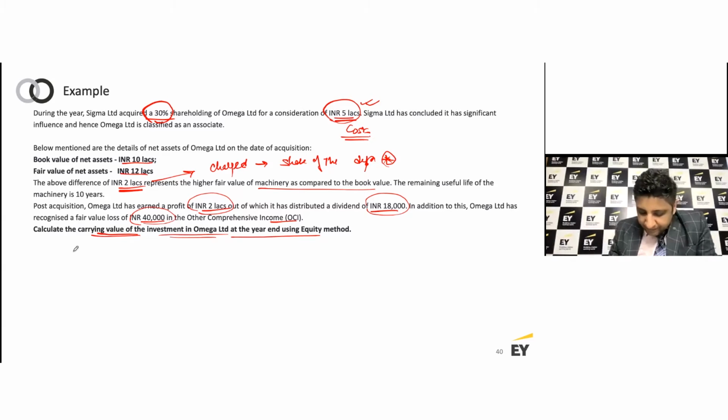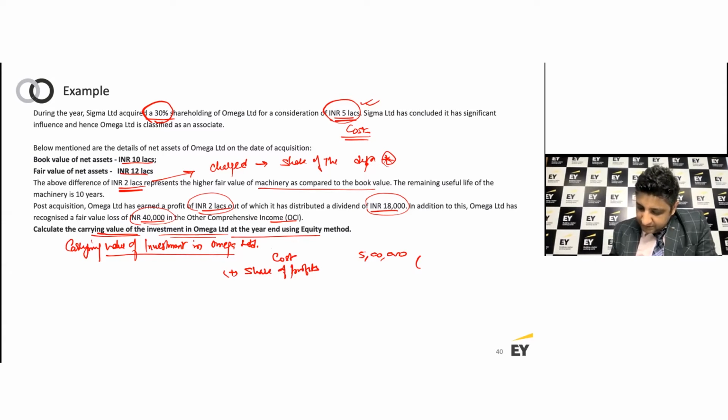We say the carrying value of investment in Omega Limited would be cost, which is 5 lakh rupees, plus share of profits. So the company made a profit of 2 lakh, and 30% pertains to you. So this becomes 60,000.